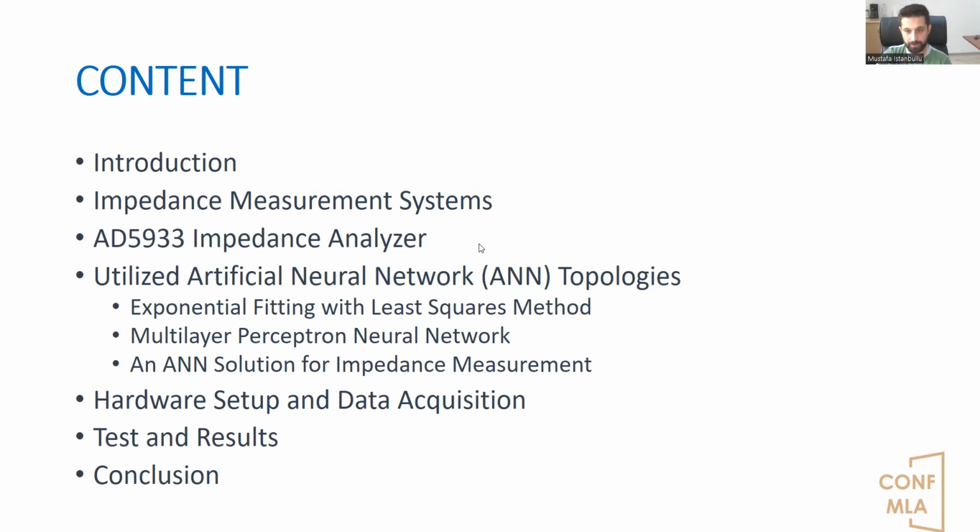We also used artificial neural network topologies, so exponential fitting with the least square methods, multi-layer perceptron neural network, and our artificial neural network solution to impedance measurement section will be explained.